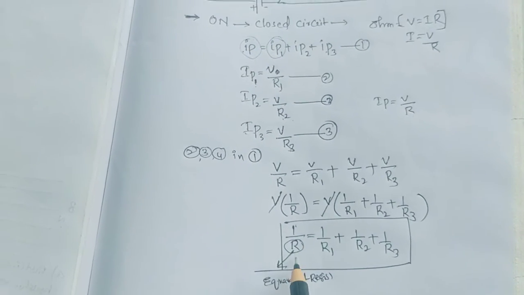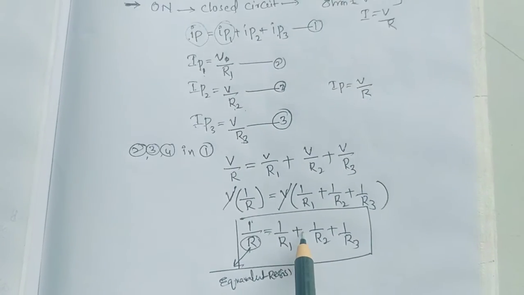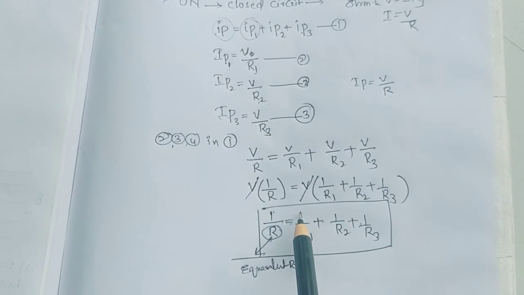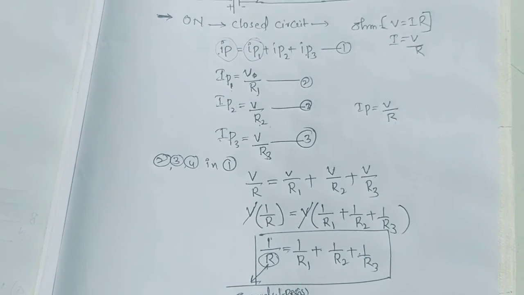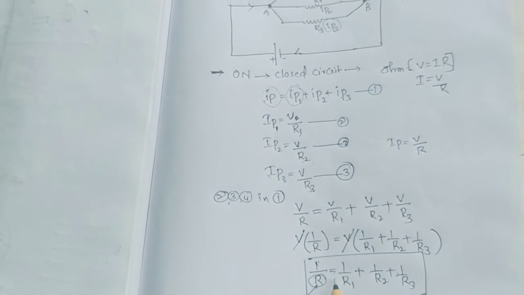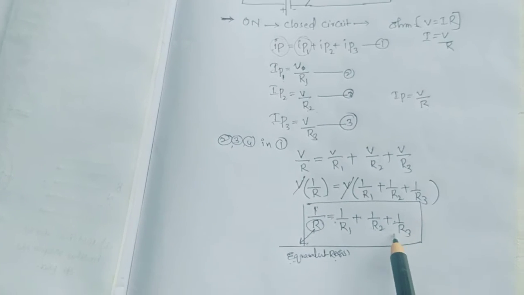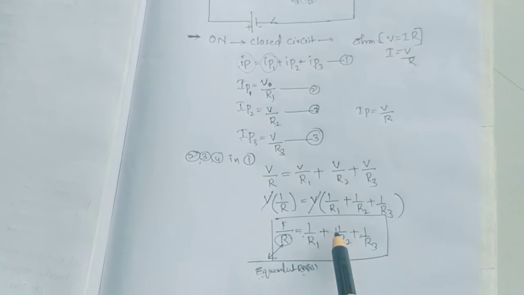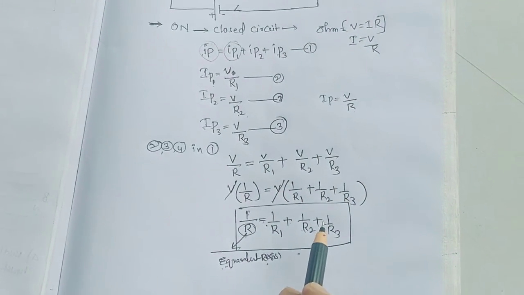The reciprocal of the equivalent resistance is equal to the sum of the individual reciprocals of resistance, which is called the parallel connection of resistors.